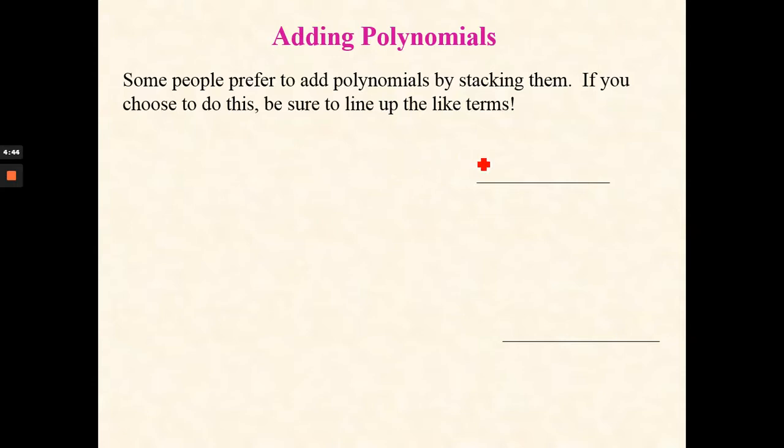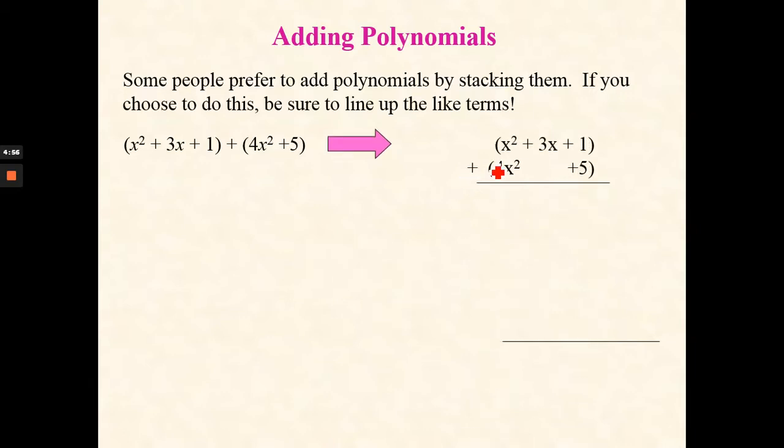This time, we can add polynomials by the vertical method. How is this? You just write the polynomials in a vertical way. We have x squared plus 3x plus 1, that is the first polynomial, and the second polynomial is 4x squared plus 5.